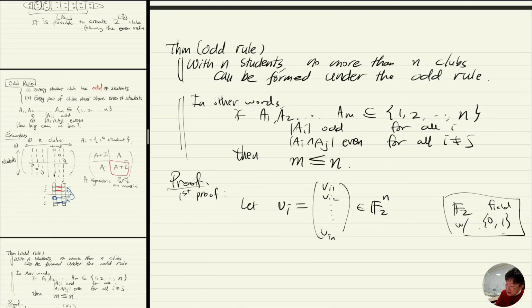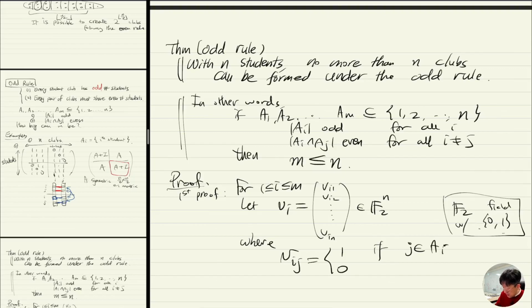So for i from 1 up to m, vi is the vector where vij is 1 if j is contained in Ai and 0 otherwise.